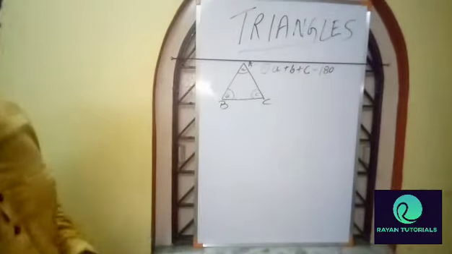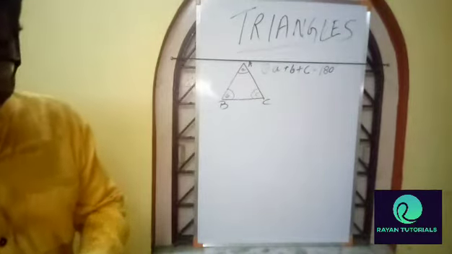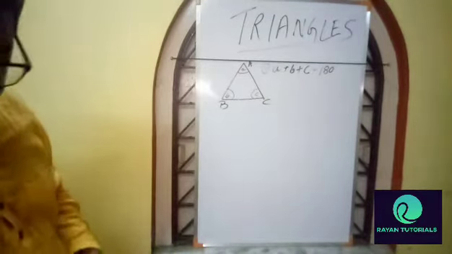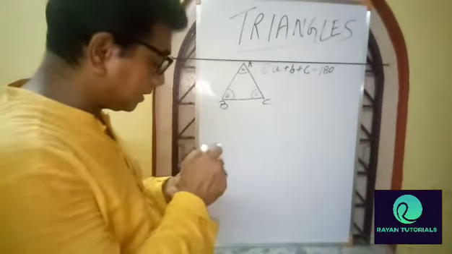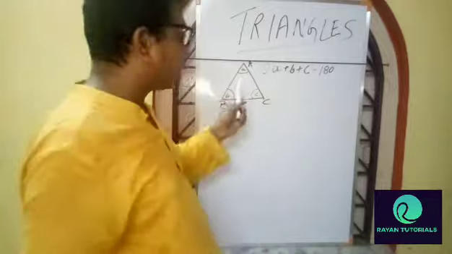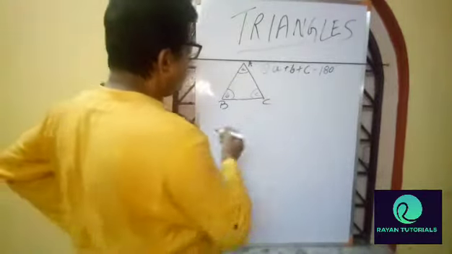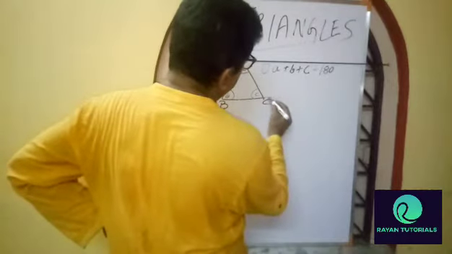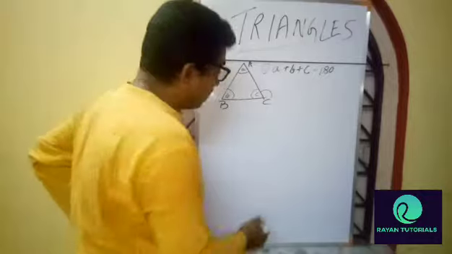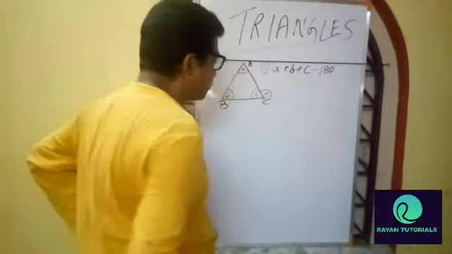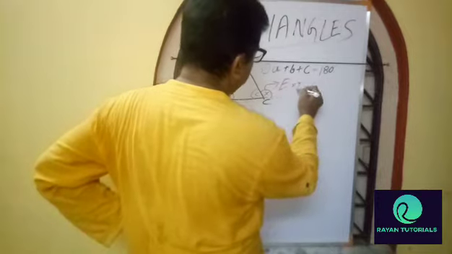Good. Next, the next property is, that time I already told you that these all are the interior angles. Now if I extend this side, then here I will be getting one more angle. Let it be X. What is the name of this angle? Exterior angle.